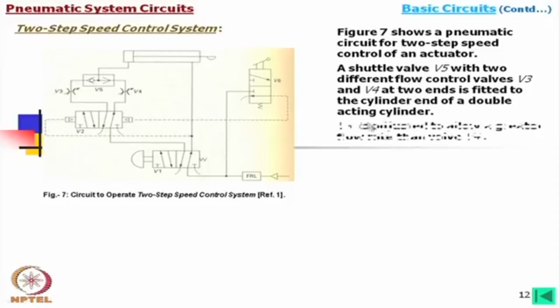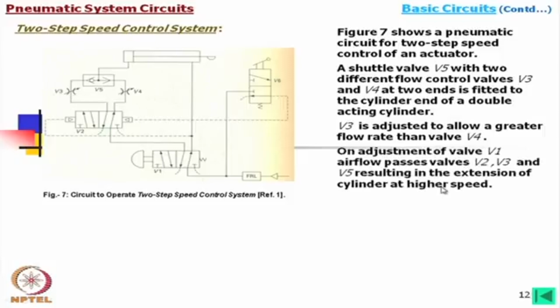Then V3 is adjusted to allow a greater flow rate than valve V4. So, V3 has a greater flow rate than V4, that means this has more resistance, this has less resistance.